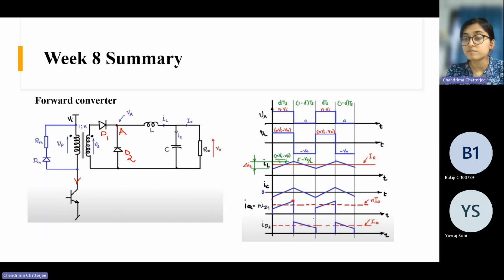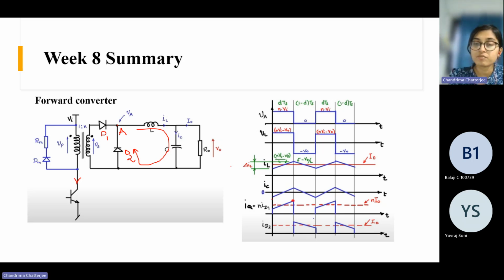The current is zero. Okay. And if you see the D2 current, it is similar to buck converter, because D2 conducts when the inductor is freewheeling. So the current of D2 will only exist during the freewheeling period. So that's why the current shape is like this, right? So these are the steady state waveforms.